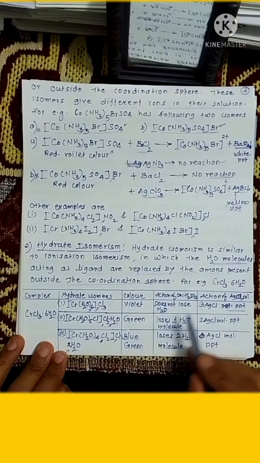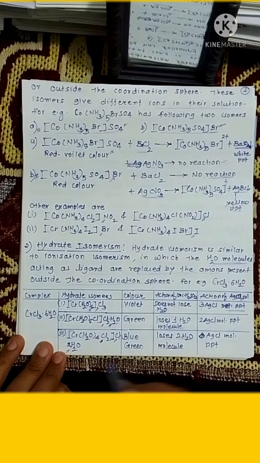When it is treated with concentrated H2SO4, it loses these 2 water molecules which are present outside the coordination sphere. When this compound is treated with AgNO3 solution, one molecule of AgCl is precipitated.